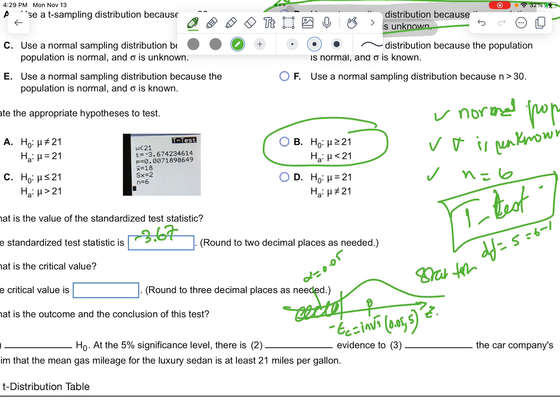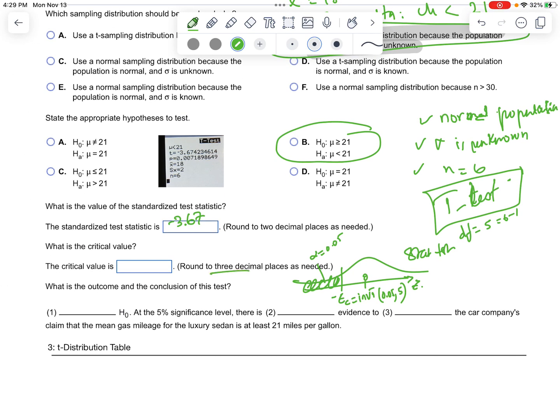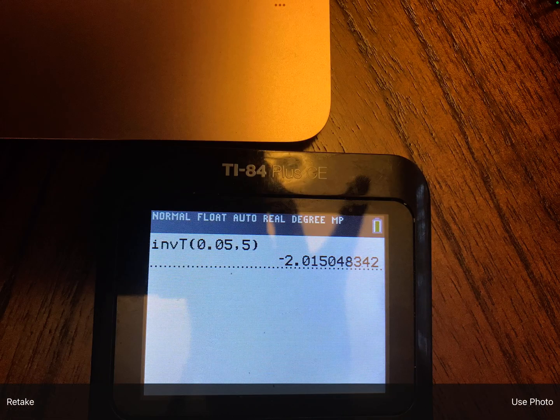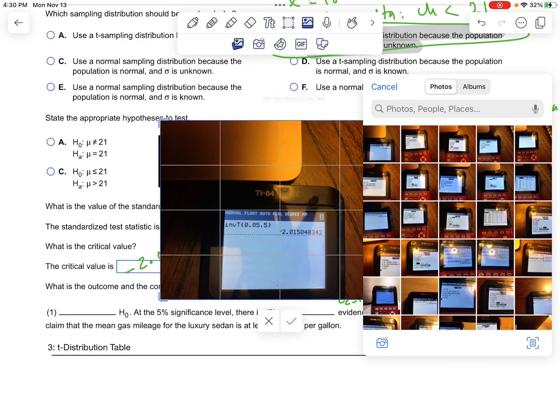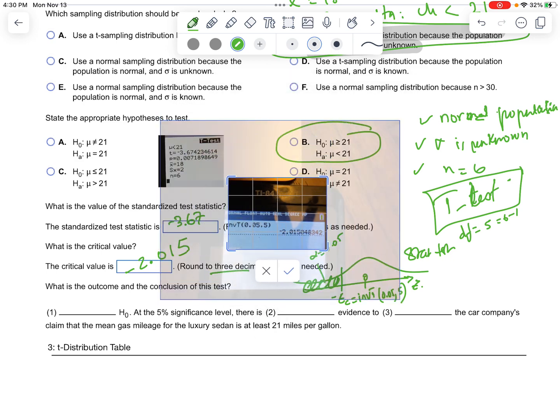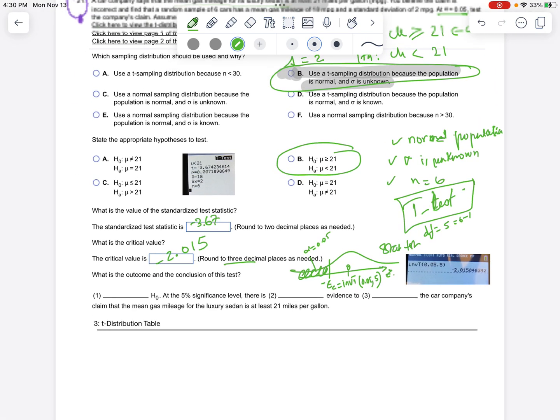So you go to inverse T, 0.05. So my critical value is negative 2.015. That's the critical value. Use inverse T, you get your critical value.